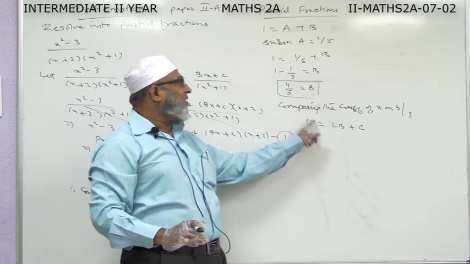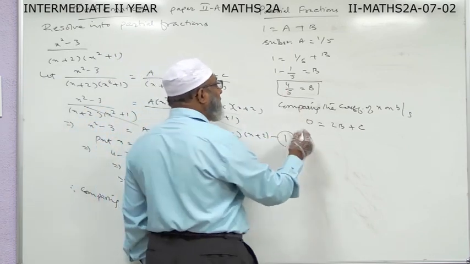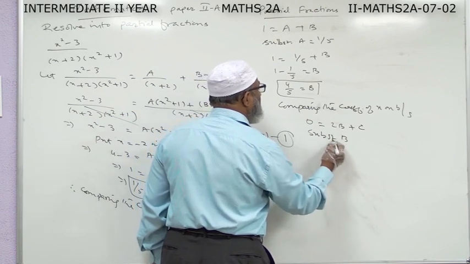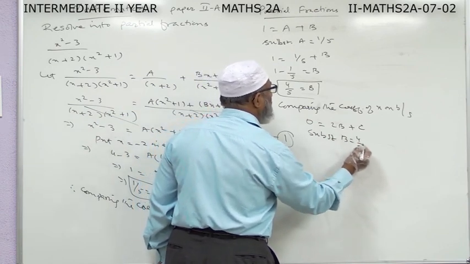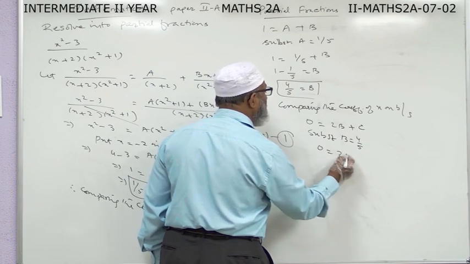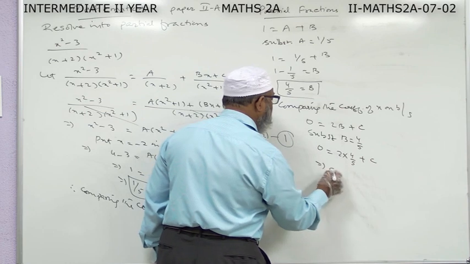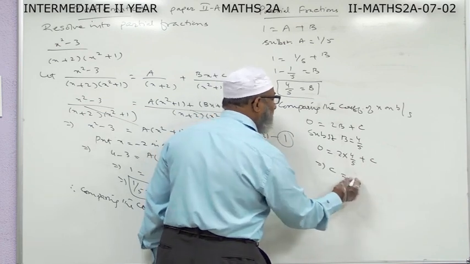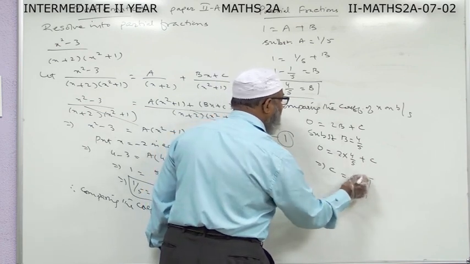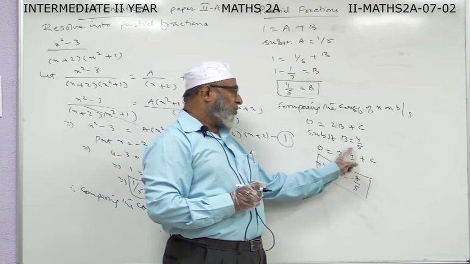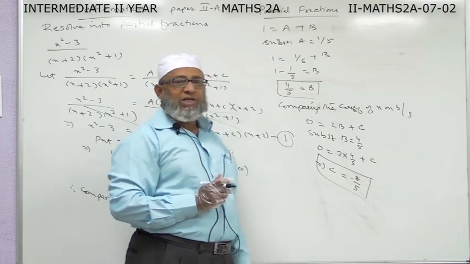So, I am having the value of b is equal to 4 by 5. Substituting b is equal to 4 by 5. So, this is nothing but 0 is equal to 2 into 4 by 5 plus c. This implies that c is equal to 2 4 the 8, minus 8 by 5. So I got the value of c is equal to minus 8 by 5.